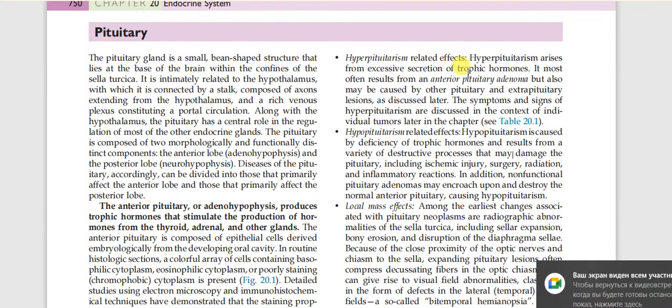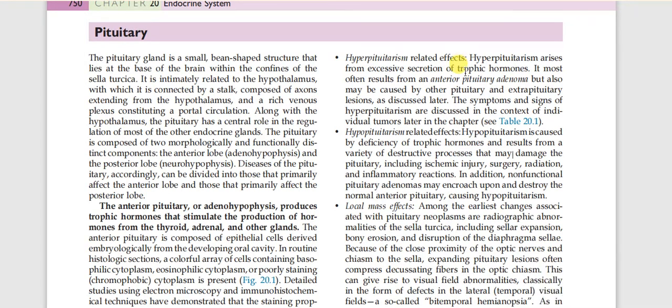And somatotropin, for example, causes increasing of body height, and mass is also overproduced, and it causes the disorder gigantism. I will discuss it in detail later.